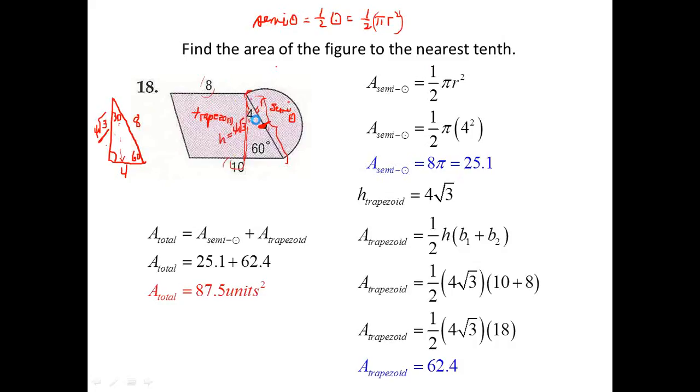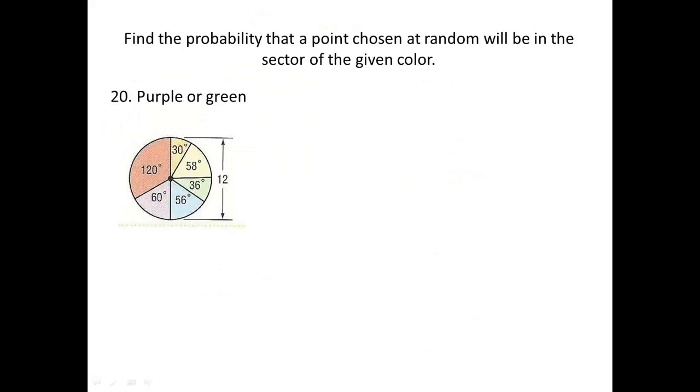Now the last one. This was like the last ones we went over today. Basically find the probability. You didn't have to find the area of the sector, but you're going to need it anyway. You need purple or green. So the purple one, it's kind of hard just with the shading, is here. The green is here.